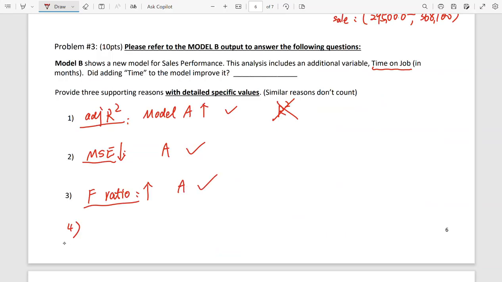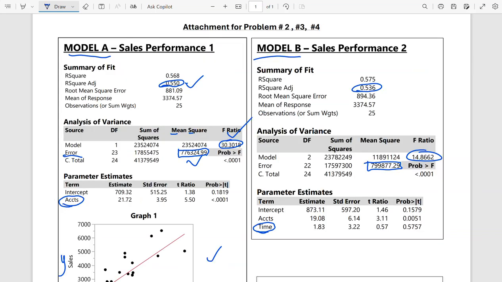Of course, you can have the fourth one. So let's look at the added predictor. This one has accounts. This one you have one more predictor added. But if you look at the p-value for this added predictor, it is 0.57. So how do we make the conclusion about the big p-value here?